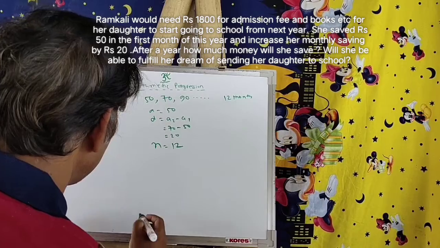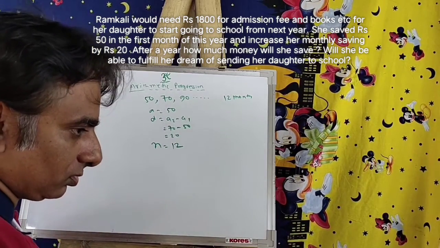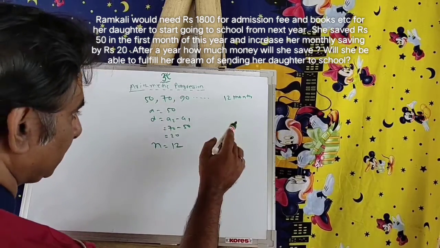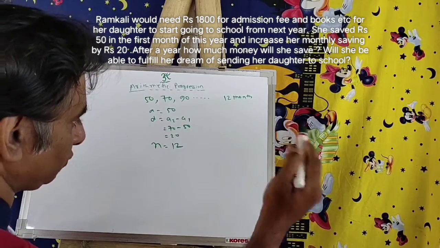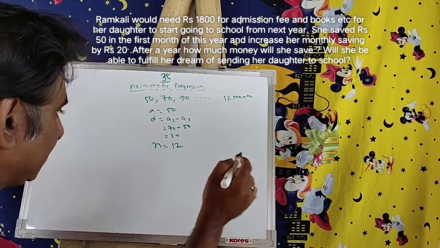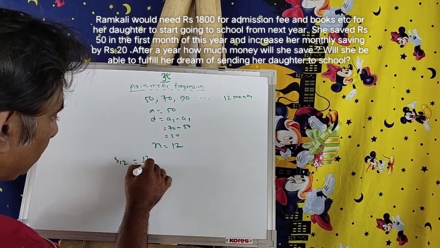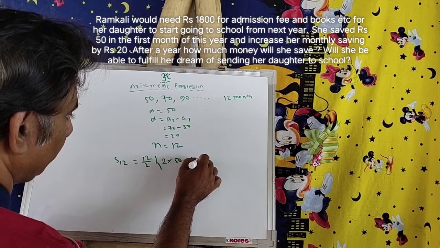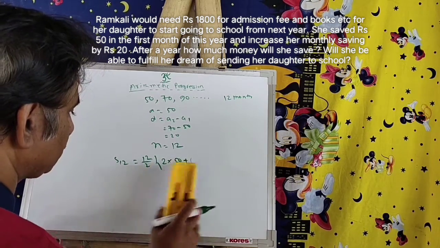So what will we do? We will find the summation of all this, because we require 50 plus 70 plus 90, and so on. So we will find the summation up to the first 12 terms. S12 equals 12 by 2 into [2 into A, that is 50, plus (12 minus 1) into D, that is 20]. Not 50 minus 1, this is 12 minus 1.